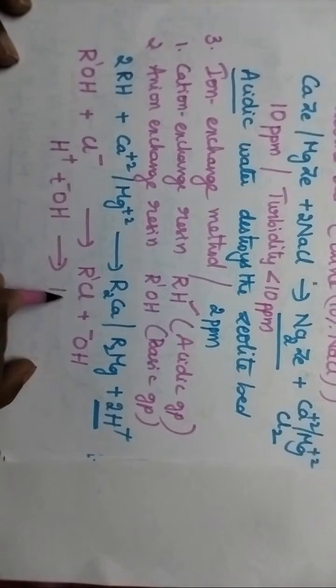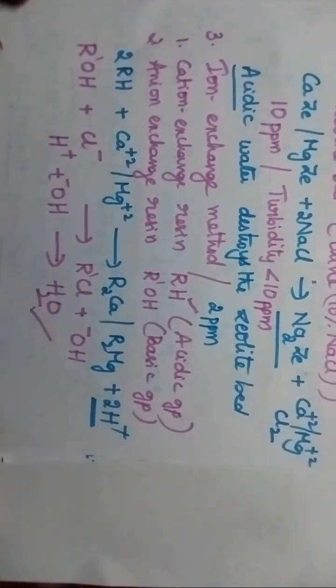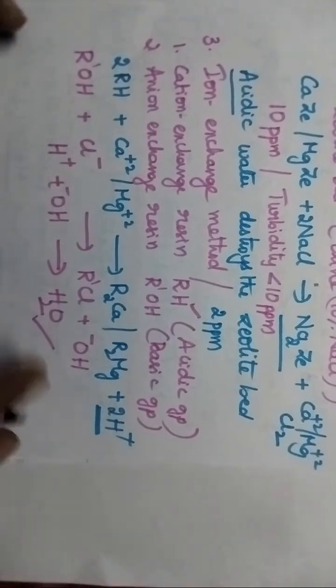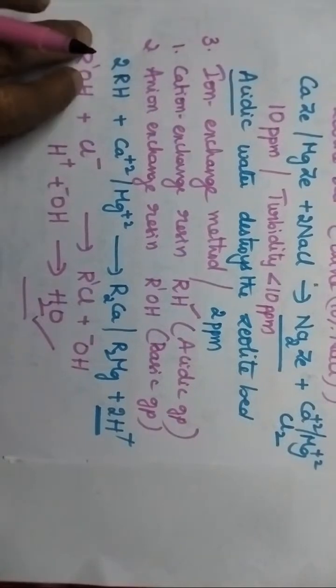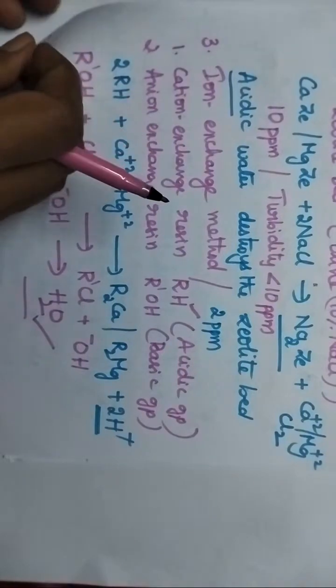They combine and result in the formation of water which is devoid of all types of ions. That's why it is called deionized water or demineralized water. After some time these cation and anion exchange resins will be exhausted. Let us see how they can be regenerated.